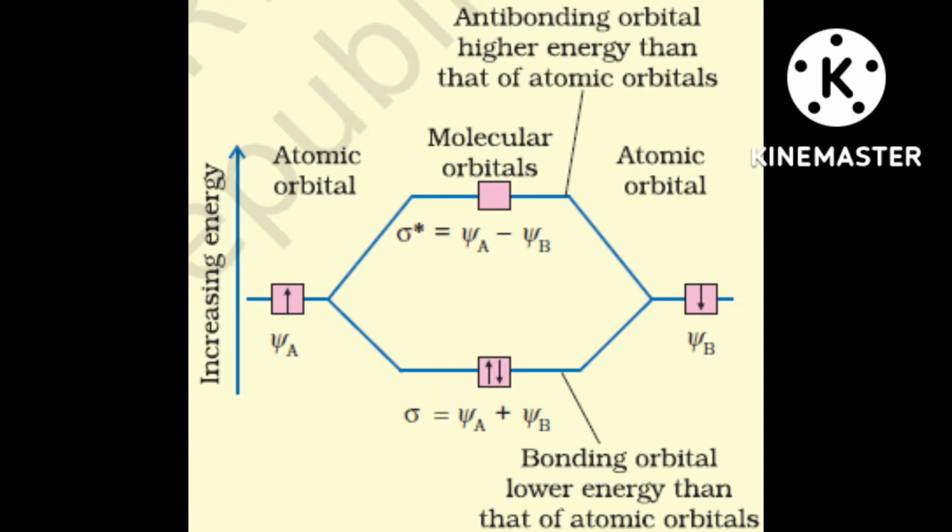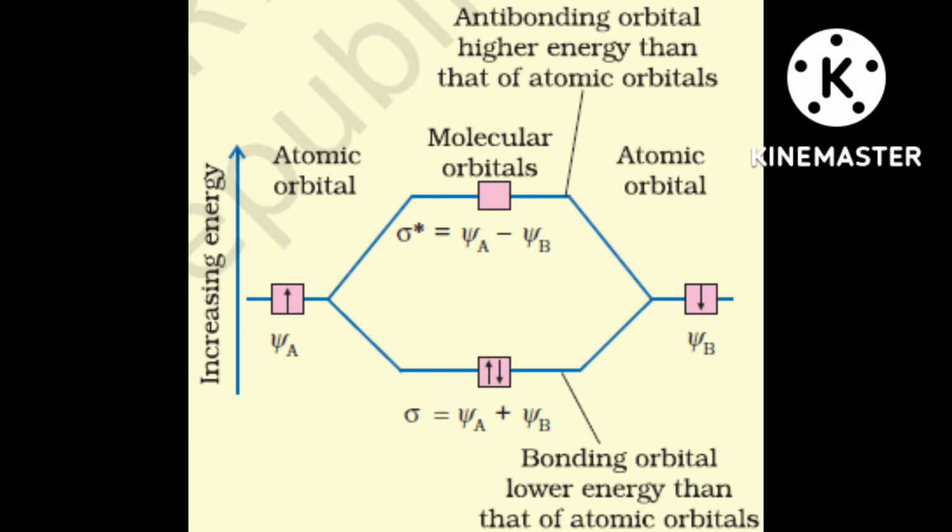Since it cannot be solved for any system containing more than 1 electron, molecular orbitals, which are 1 electron wave functions for molecules, are difficult to obtain directly from the solution of the Schrödinger wave equation.